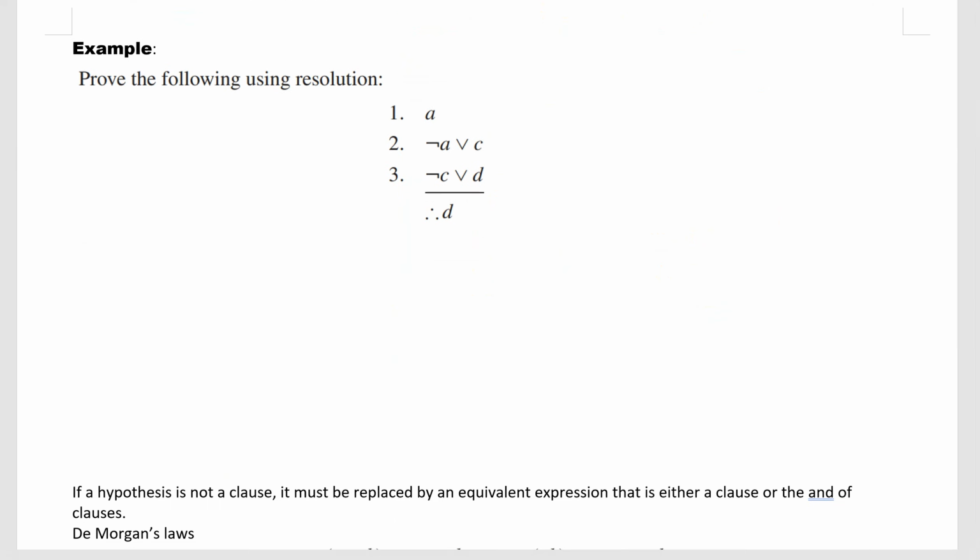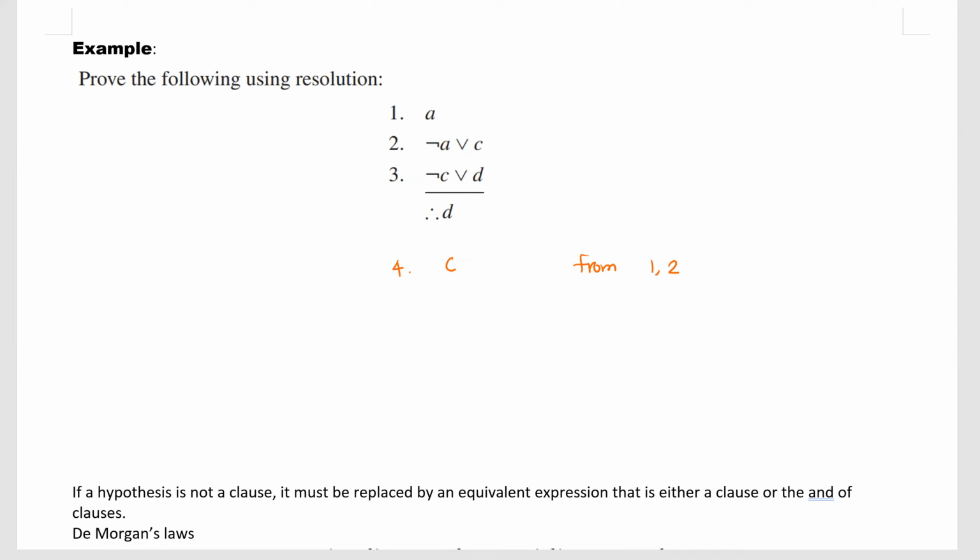Let's continue to look at this example. So A, not A or C. Okay, so we can put it here. A is true, then not A is false. Then because not A or C is true, it must be C. So this is from numbers 1 and 2; we get C is true. Okay?